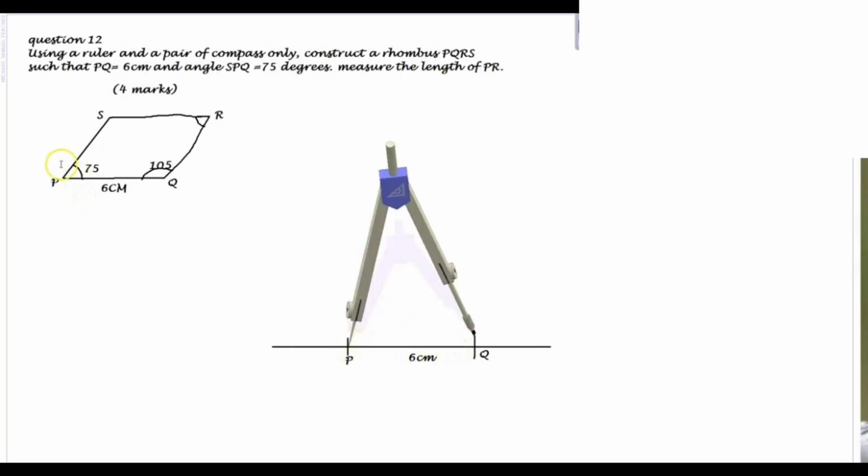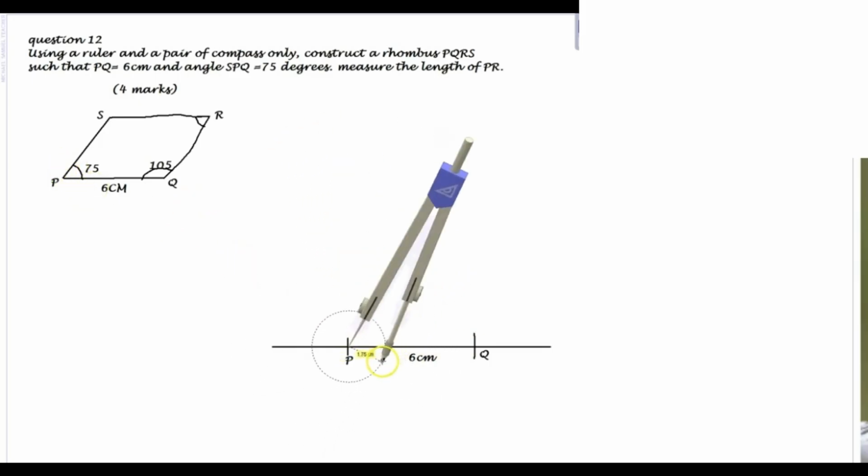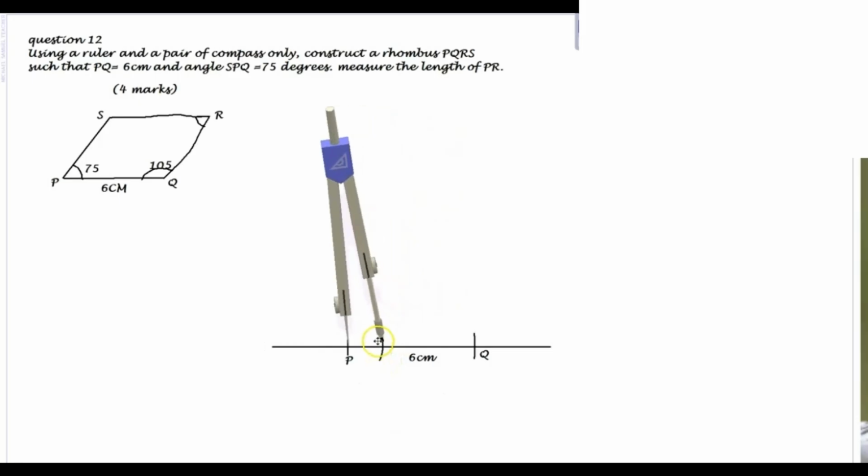Then at P, we are going to construct a perpendicular.